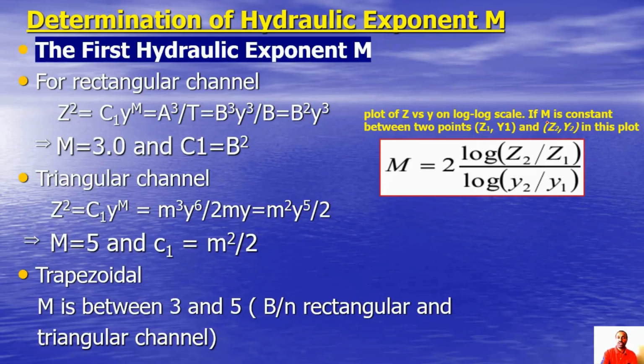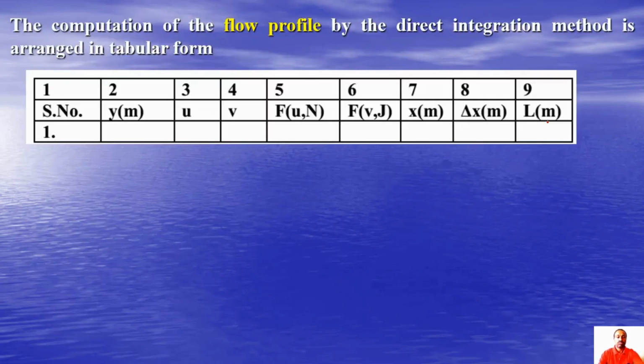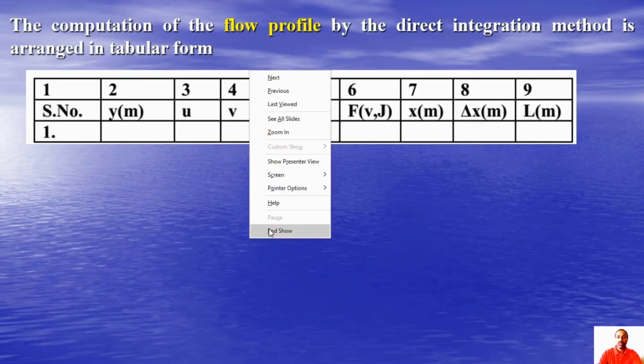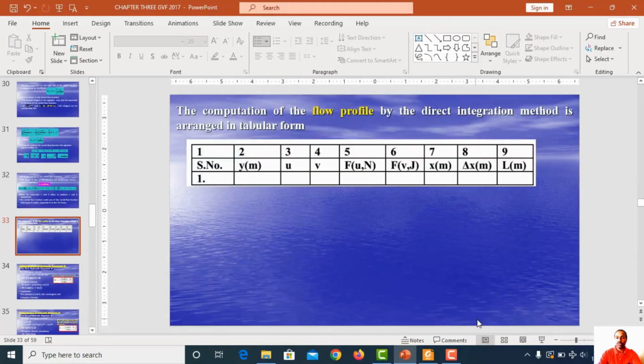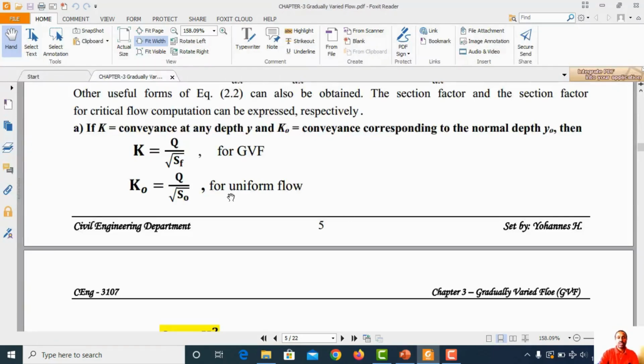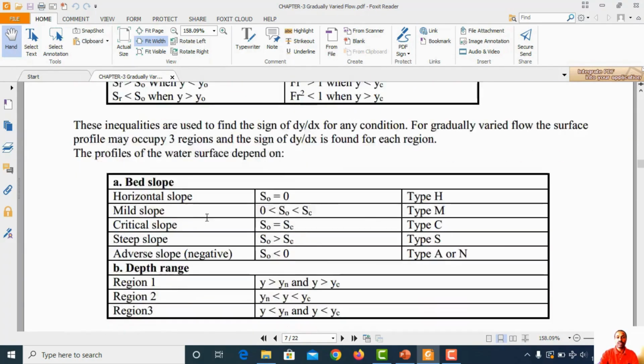Then let me show you the general approach from the handout. This is the handout, so for conveyance, you have Q over the square root of S F for gradually varied flow. For uniform flow, you will make this S naught.